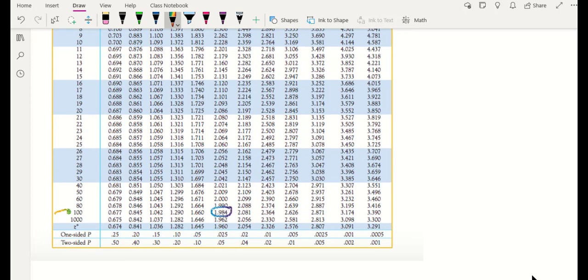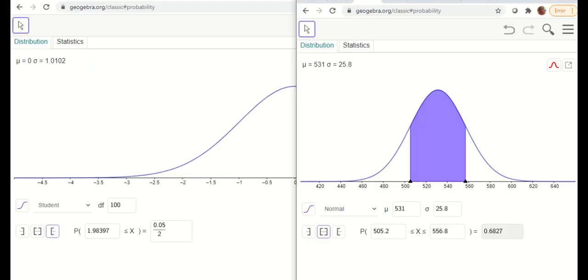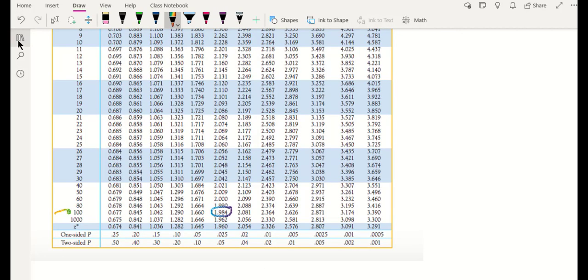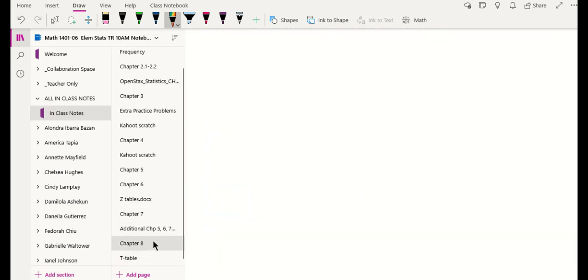Now, if we did not have a T-table available to us, and we want to use some type of technology to find this critical value, we can do that too. Let me come back here for just 2 seconds and show you exactly what I mean.